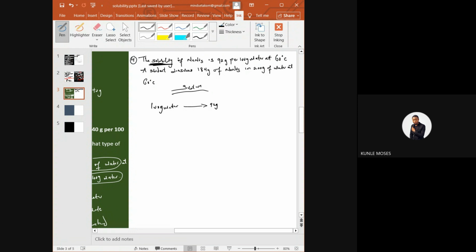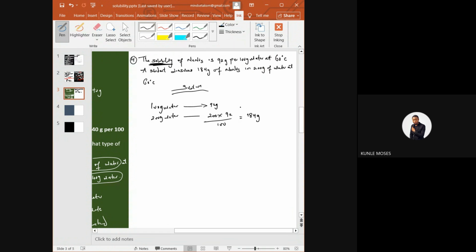They now gave us 200 gram of water. So 200 gram of water should be able to dissolve, because you multiply, 200 multiplied by 92 divided by 100. 200 divided by 100 is 2. 2 times 92 is 184. That's 184 gram.